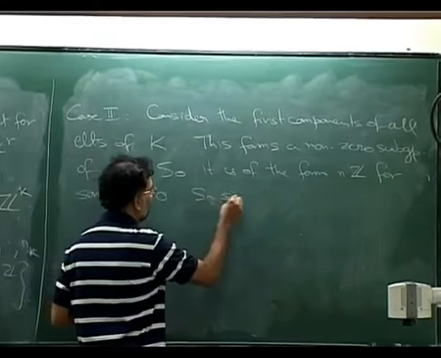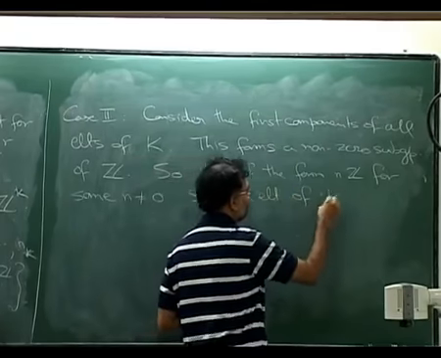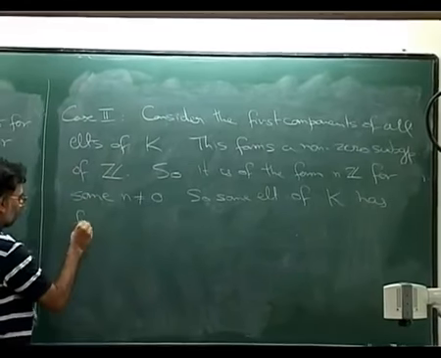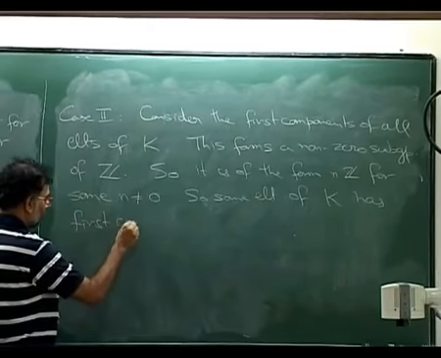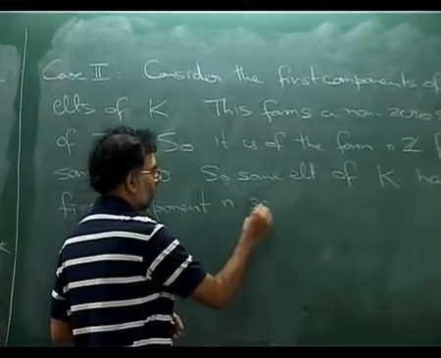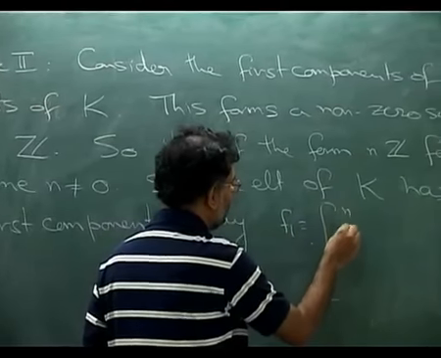So some element of K has first component n. Let's call that F1, which is n and then something something something.